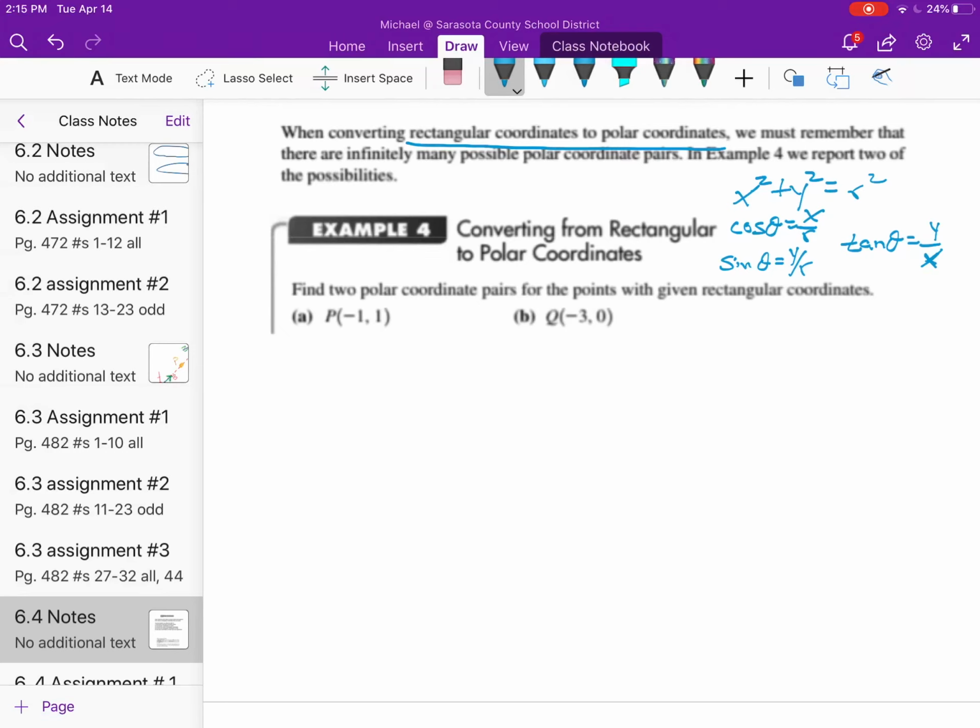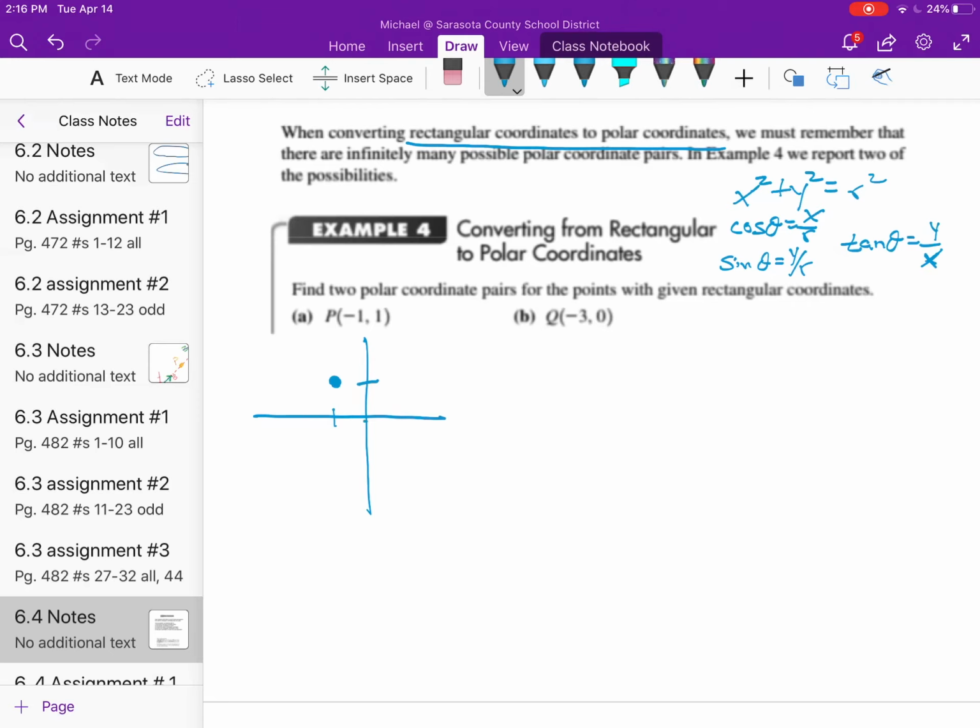In this first example, we are looking at a rectangular coordinate of -1, 1, and we want to transfer that into polar coordinates. Let's plot this point first. We know -1, 1 is over here in quadrant 2. We want to change that into a polar coordinate.